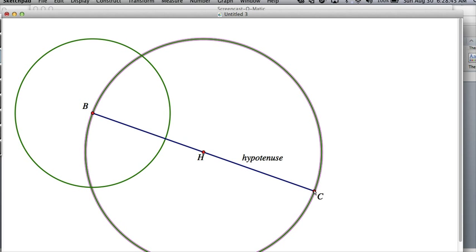When I construct that circle, that gives me all the points that are the same distance from H as C is, but I'm particularly interested in the point that's on circle B that's the same distance from H as C is. So that gives me two choices for where I could put that point. I could put it here, and I could also put it here.